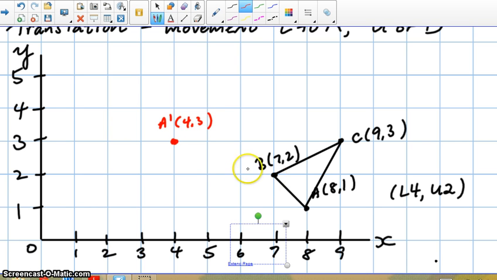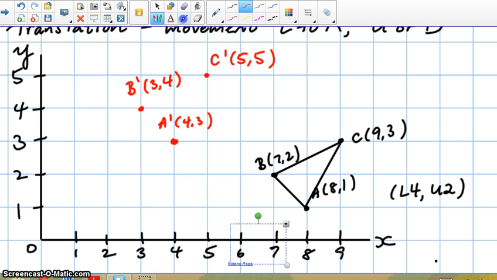B prime is 1, 2, 3, 4, and then up 2, 1, 2. We know that B prime has to end up here. New location is (3, 4). Okay. C prime, we're going to go left 4, 2, 3, 4, and up 2, 1, 2. C prime should be here. New location is (5, 5).